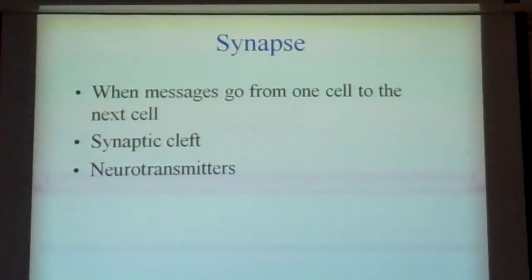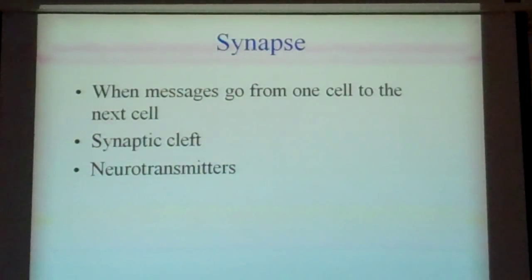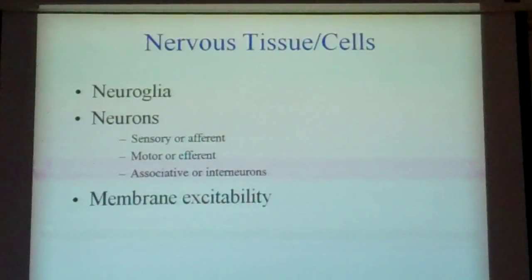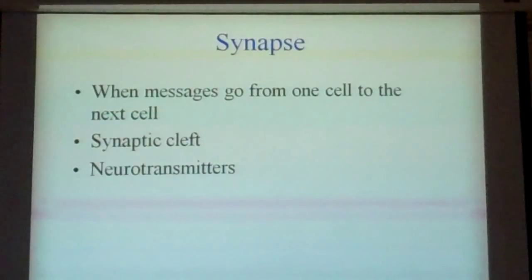Okay. All right. So I think this is a yes. We're going to stop after one more slide. All right. So a synapse is when the message goes from one cell. What's one cell called? A neuron. Very good.